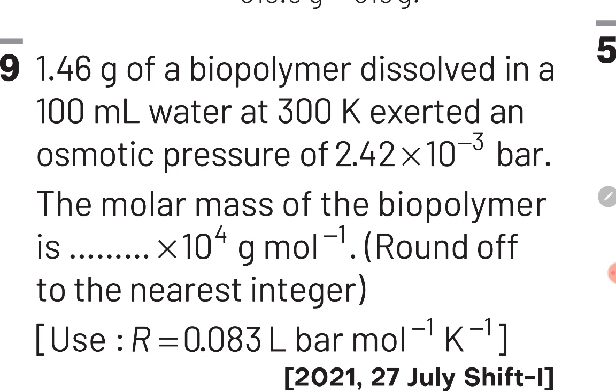This formula is pi is equal to CRT. Guys, pi is osmotic pressure and C is concentration of solution. Guys, concentration of solution will be equal to number of moles of solute divided by volume of solution in liters. So these are the two equations जो हमें इस क्वेश्चन में यूज करना है. Let's observe this in the solution in the next slide.